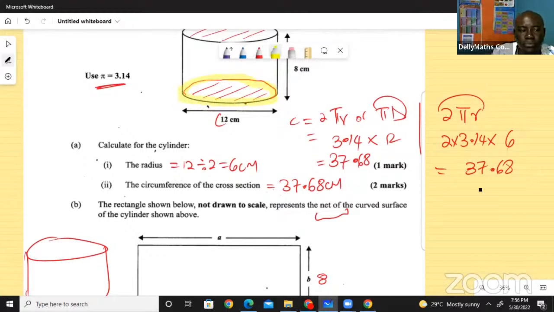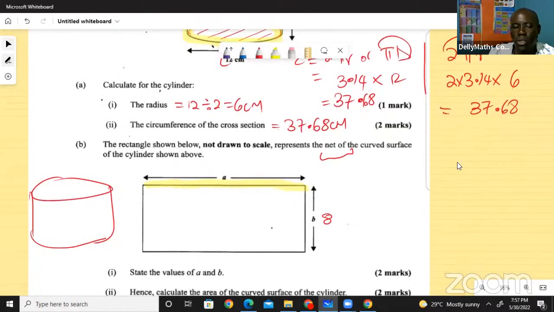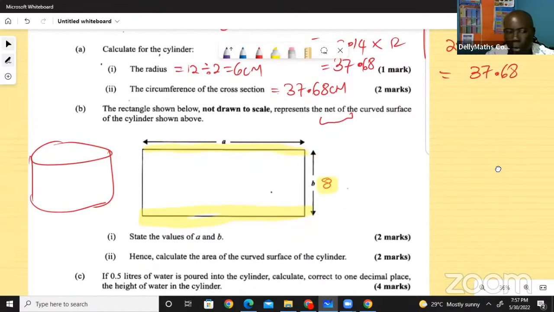If I open that out, this would be my circumference, that yellow. Imagine I bend this around, it will turn into the circle. Think of A being bent around like you have a flower leaf and you bend it around, you realize that all of those yellow parts will be a circle at the top and a circle at the bottom, basically. So that's why I said that we're using B as the height. And when you bend it around, you're getting that. So that's what we have there.